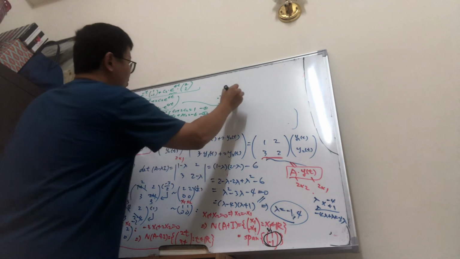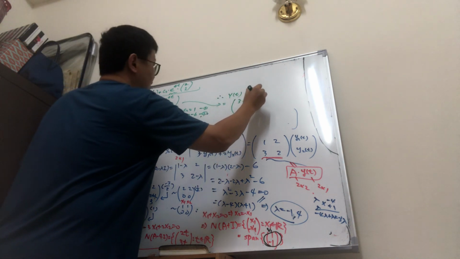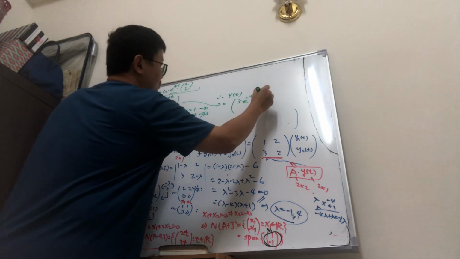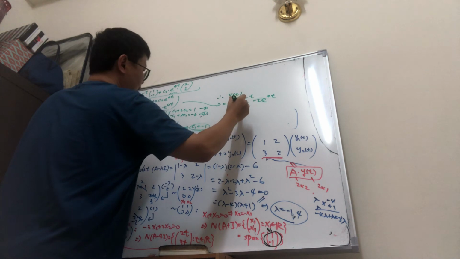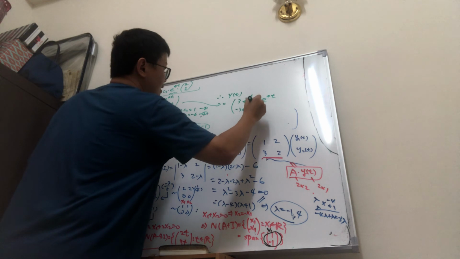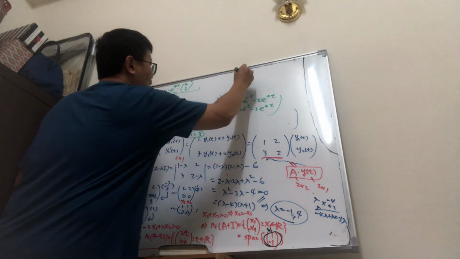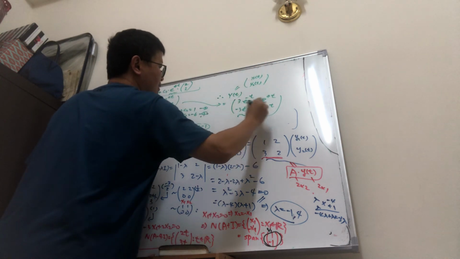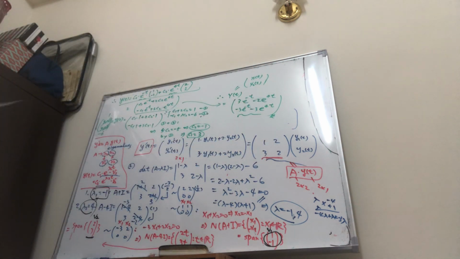So the first entry is 3 exponential negative t subtract 2 exponential 4t, and the second is negative 3 exponential negative t subtract 3 exponential 4t. That's our y1(t), y2(t), this vector. This one is our final solution. So it's the solution to our initial value problem in linear algebra.